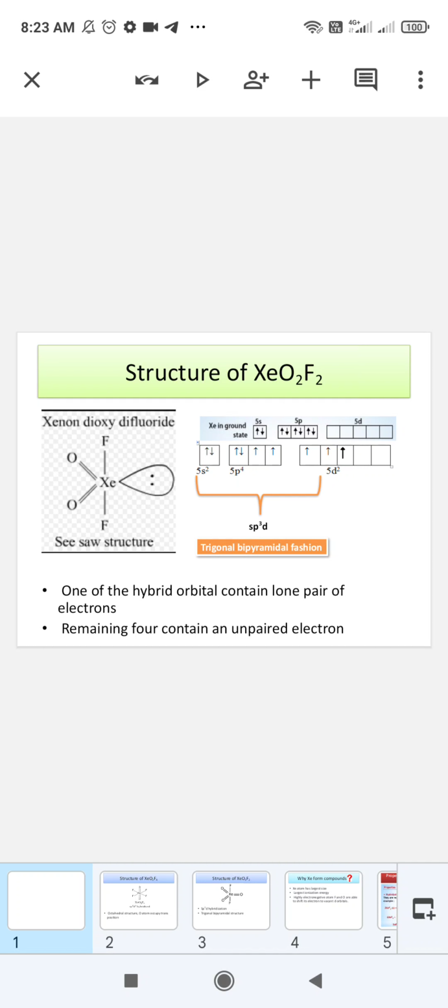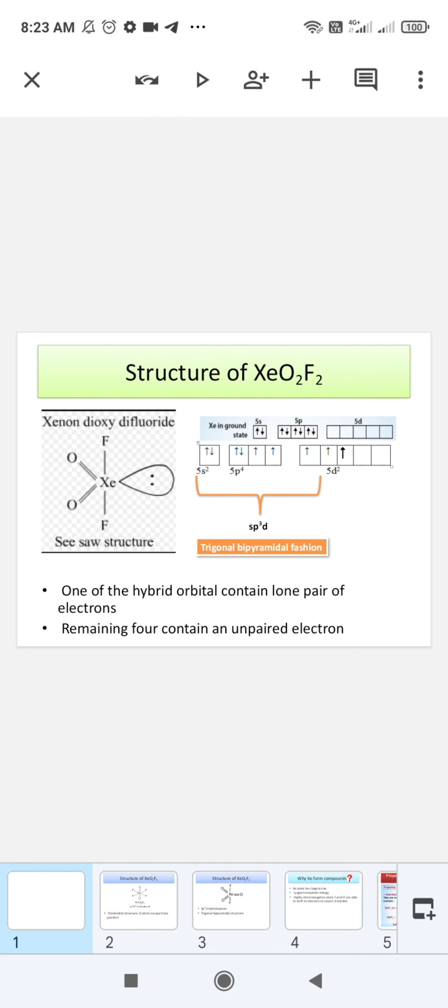So these hybrid orbitals are arranged in trigonal bipyramidal fashion, in which the lone pair of electrons exists in a hybrid orbital, and this hybrid orbital is placed in the equatorial position in order to avoid lone pair bond pair repulsion. And 2 of the sp3d hybrid orbitals form the sigma bond with the fluorine atoms.